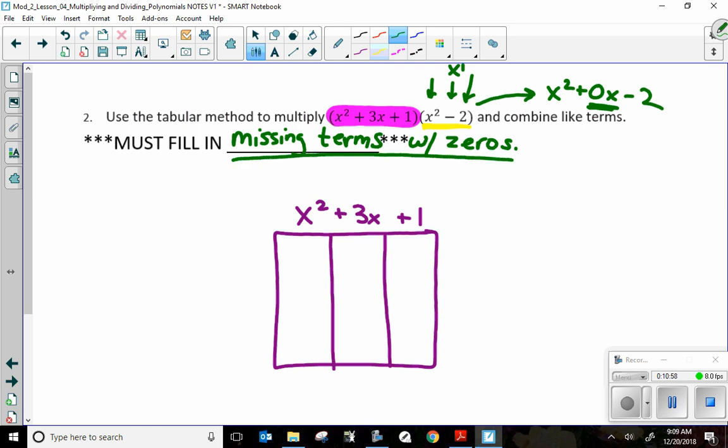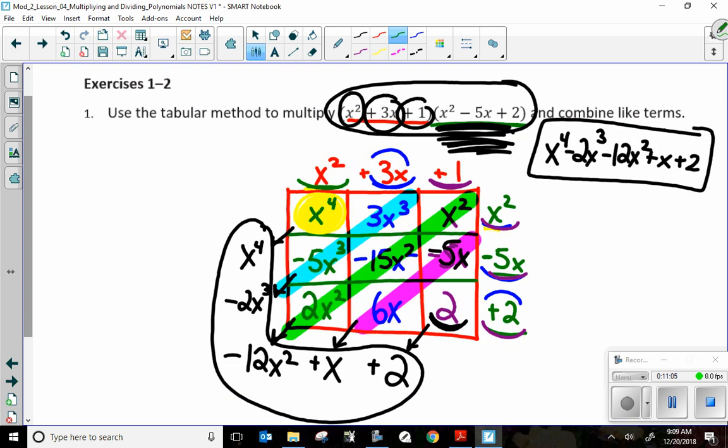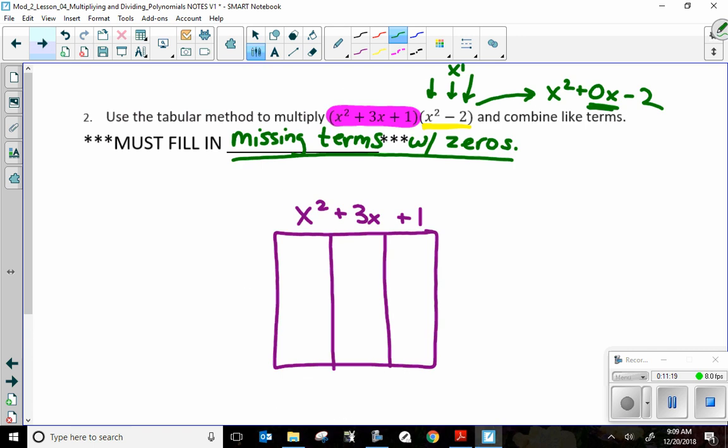If I do not, okay, I'm going to go back to the previous problem. If I did not have this 5x here, okay, these diagonals would not line up perfectly. In order to have those diagonals line up perfectly, you need to fill in any missing terms with a 0.